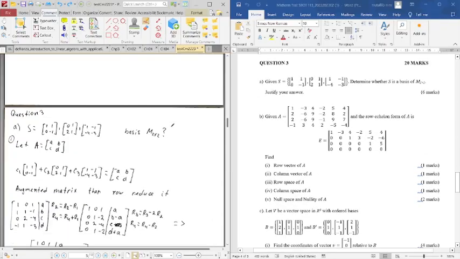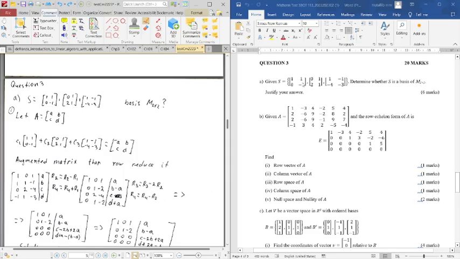For question 3, here we can see we are given a set of matrices, and we need to determine whether S is a basis of 2 by 2 matrices and justify your answer. To check if the given set of matrices or vectors is a basis of the given matrix or vector space, we need to check two conditions.